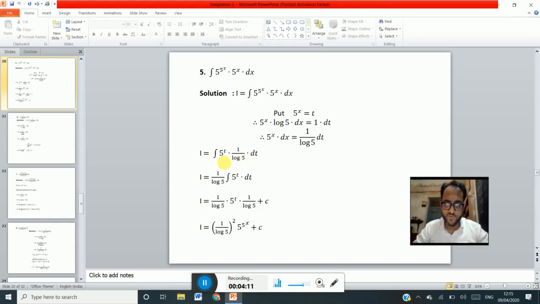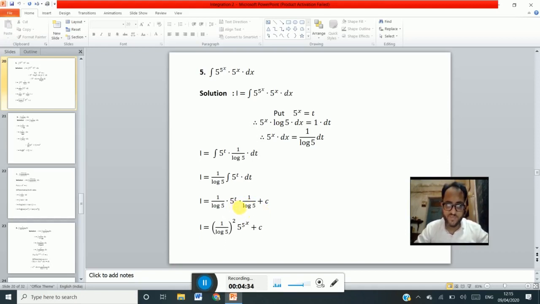We get 5 to the power t into 1 upon log 5 into dt, right? 1 upon log 5 is a constant, take it outside the integral, so the remaining is integration of 5 to the power t dt. So 1 upon log 5 into integration of 5 to the power t, which is 5 to the power t into 1 upon log 5, that is 5 to the power t upon log 5 plus c.